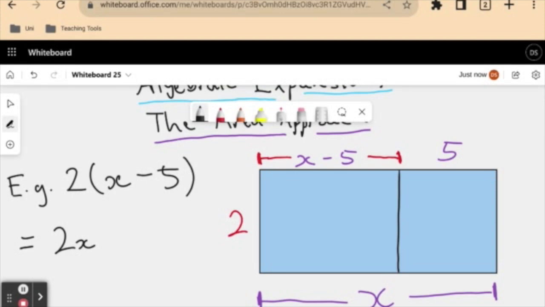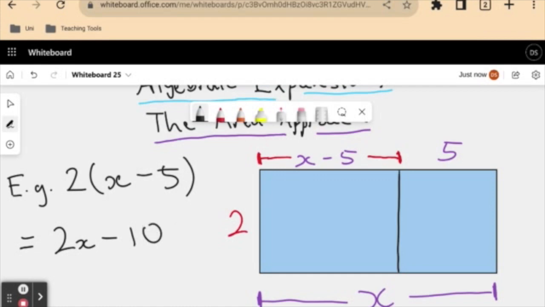And if I multiply 2 by negative 5, and we've got to be careful here because we have a negative in front of our 5. This x is positive, but this 5 is negative. So we're multiplying 2 by negative 5, which then gives us negative 10.